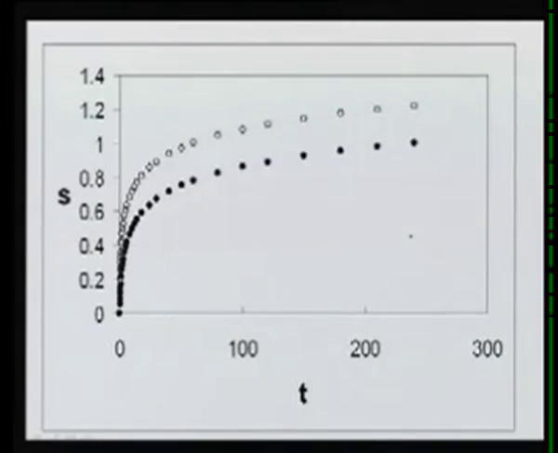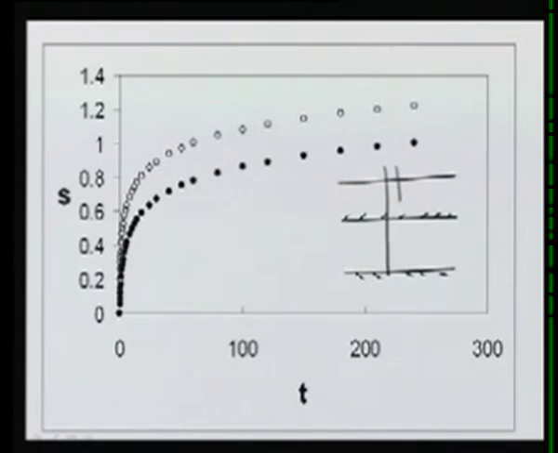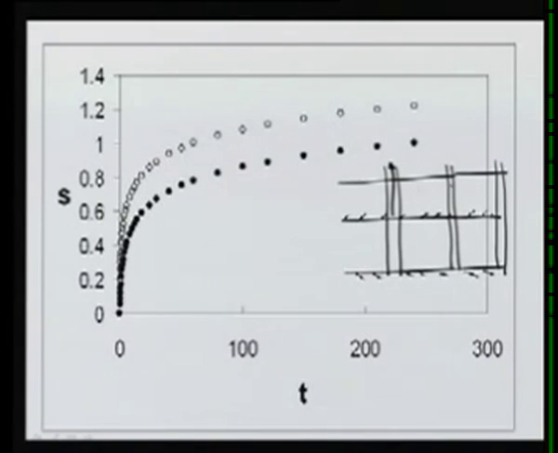Okay, so suppose we have the confined aquifer being pumped, and then we take the observations in two different observation wells.